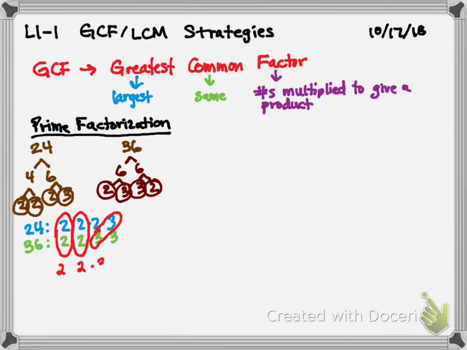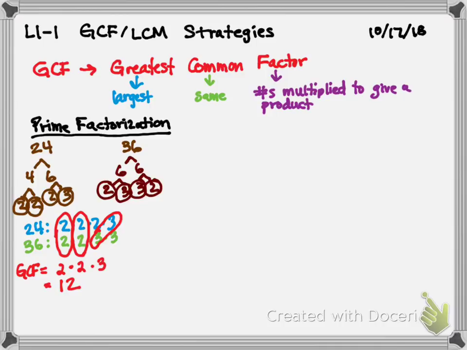So that's a 3. And then I'm going to take these and multiply them together. That is going to give me the GCF, okay? So I get 2 times 2 is 4, 4 times 3 is 12, okay? So that's the greatest common factor. Now, I had a leftover 2 and I had a leftover 3, but 2 and 3 aren't the same, so that's why that one didn't work.